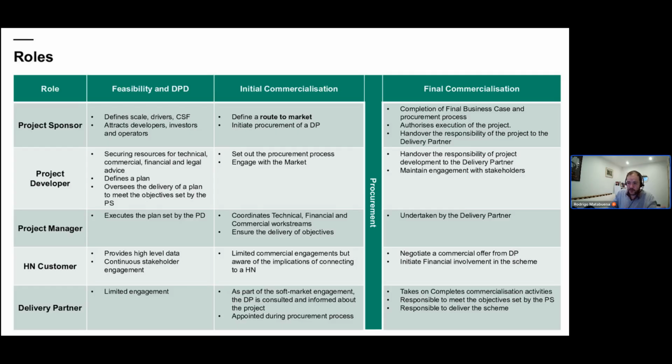The project sponsor, effectively before the procurement process. And by procurement, the early stages I was mentioning before, we have the feasibility and the business case integration. And then we have the commercialization. I split the commercialization in two stages because that's where the main transition between the roles is, because during the commercialization stage we will be procuring a delivery partner.